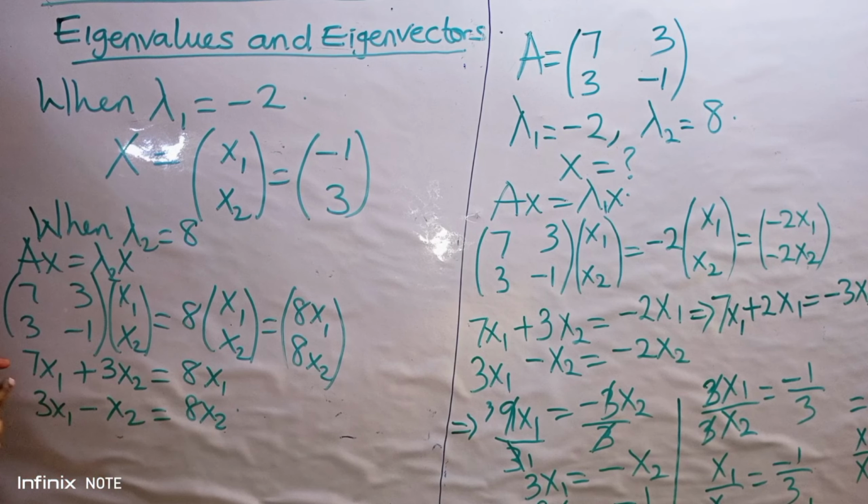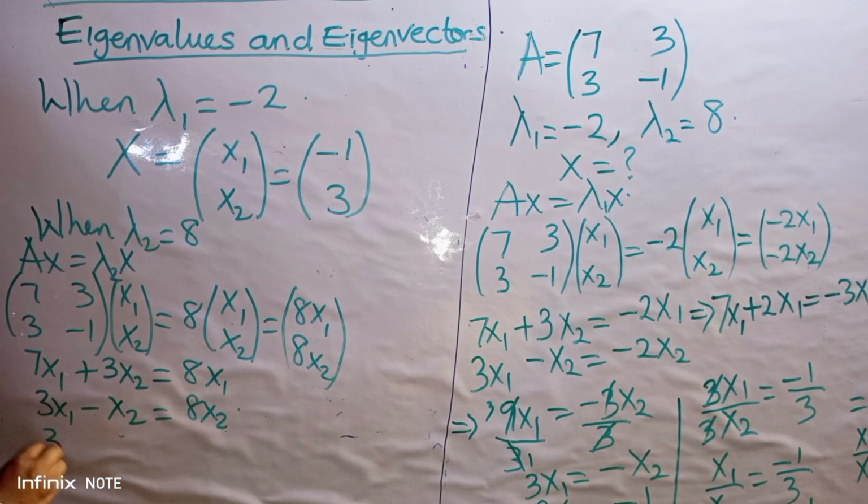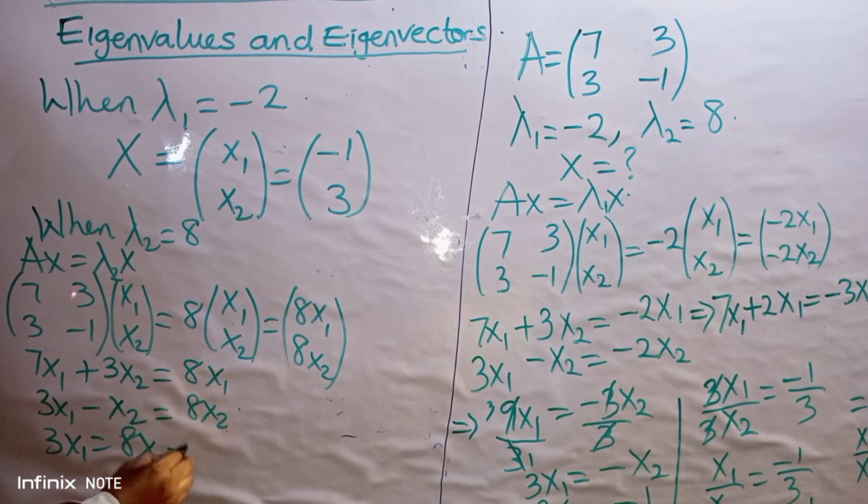You can either pick the first equation or the second equation. They are still the same thing. So let's take equation 2 here. Let's collect like terms from equation 2. I have 3x1 is equal to 8x2 plus x2. So 3x1 is equal to 9x2.